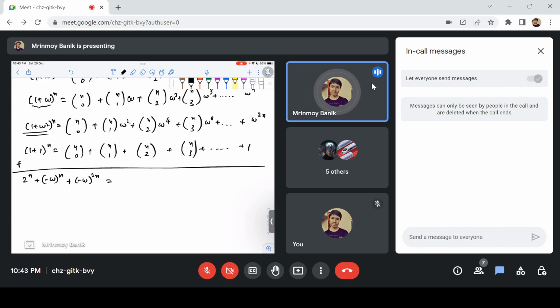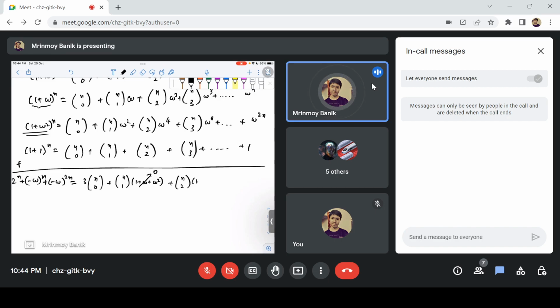So this is that. And on the right hand side, let me make it smaller. So 3 nC0 plus nC1 times (1 plus omega plus omega squared), which we know is 0.